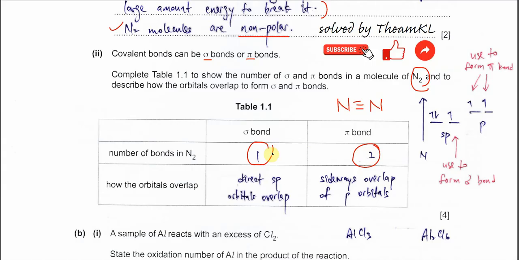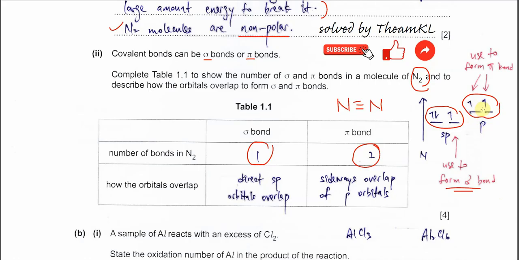Once we figure out the numbers of sigma bonds and pi bonds, then we need to get the types of hybridization, because we want to get the hybrid orbitals for the head-on or direct overlap. For nitrogen, we know that there are 5 valence electrons for each nitrogen atom. If it undergoes sp hybridization, 2 sp hybrid orbitals are formed, and 2 p orbitals are the 2 orbitals that remain unhybridized. The unpaired electron in the sp hybrid orbital will be used to form the sigma bond.